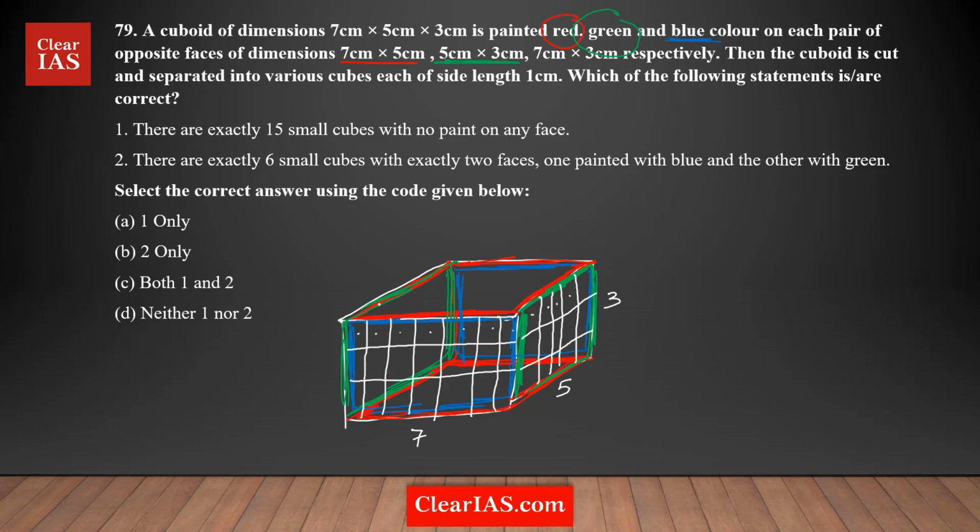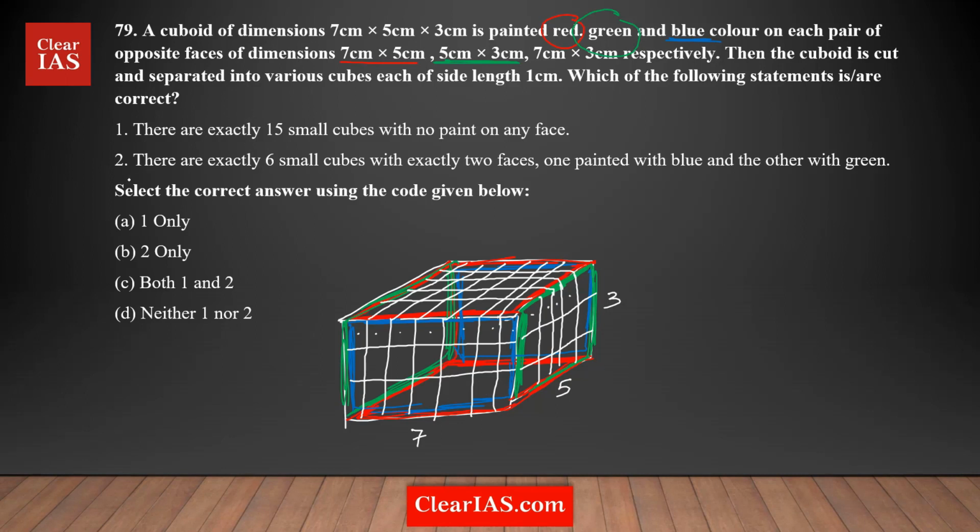Similarly, you can see this is also 5. 1, 2, 3, 4, 5, and here also it's going to be like this. 1, 2, 3, 4, 5, 6, 7. So this is how you are cutting the entire cuboid into cubes of 1 centimeter length.